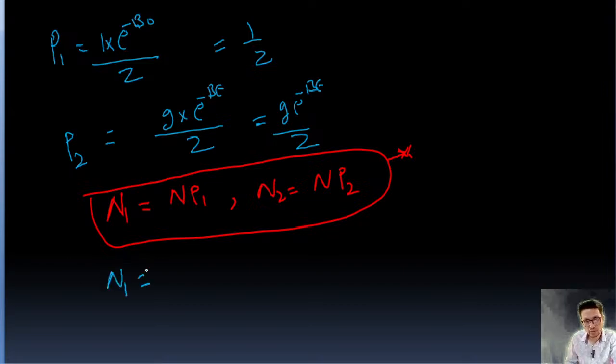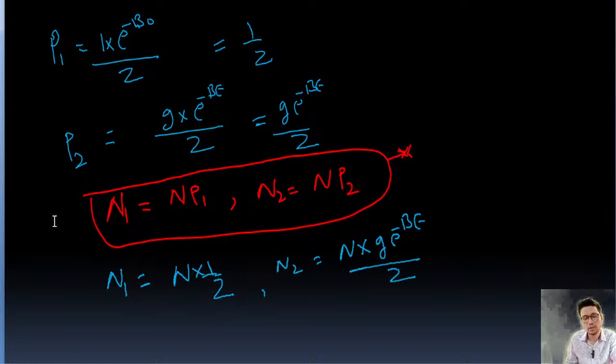N1 is going to be N into P1. P1 value is 1 upon Z, so N into 1 upon Z. And N2 is going to be N into P2 value, which is g e to the power minus beta epsilon upon Z. Okay, this is the one.